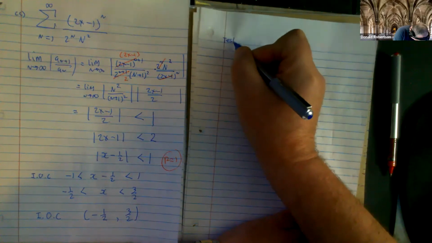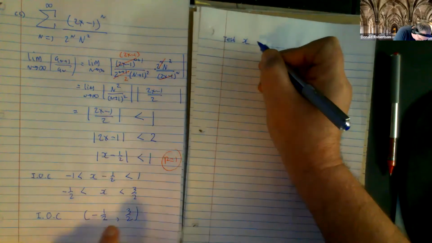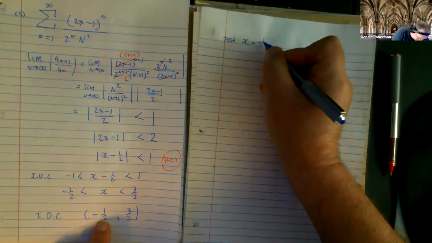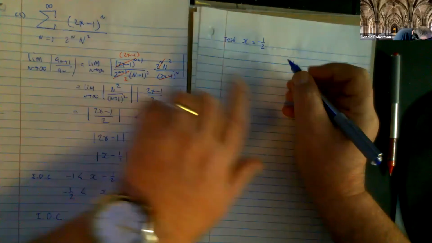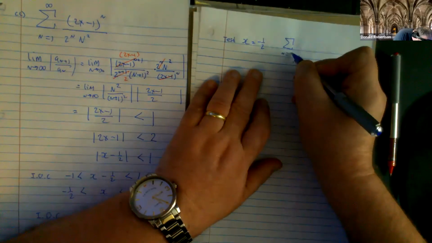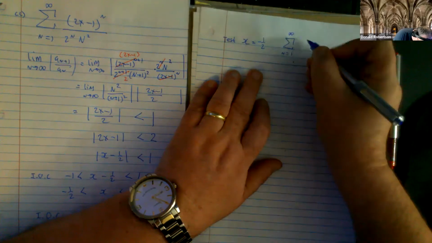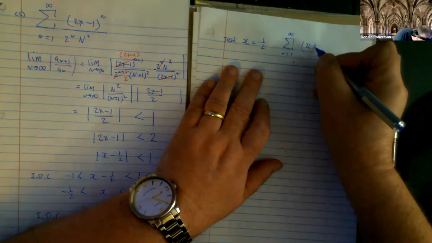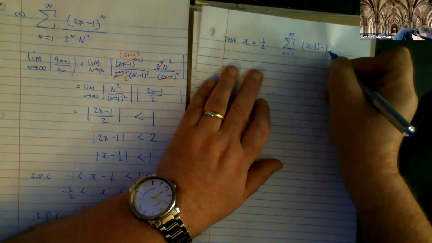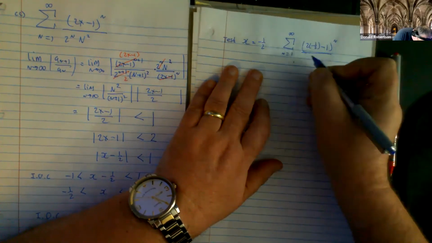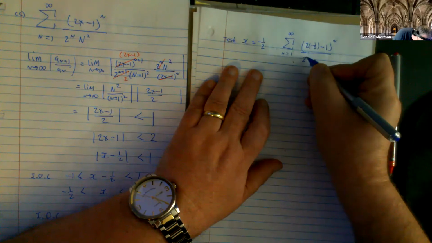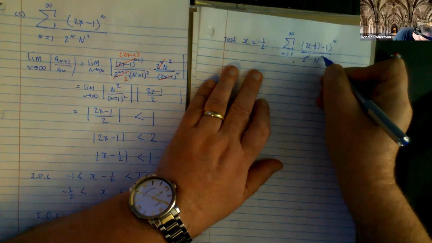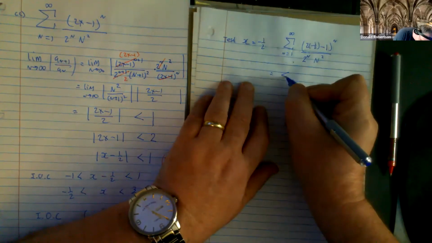I'm going to test what happens when x is -1/2 in this power series. Well, you're going to get sigma n equals 1 to infinity (2 times -1/2, take away 1) to the n, over 2 to the n squared. It's a little bit interesting.